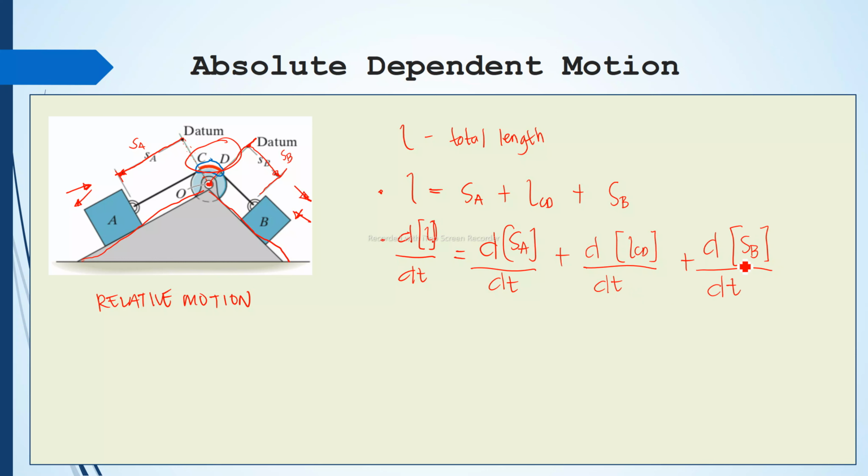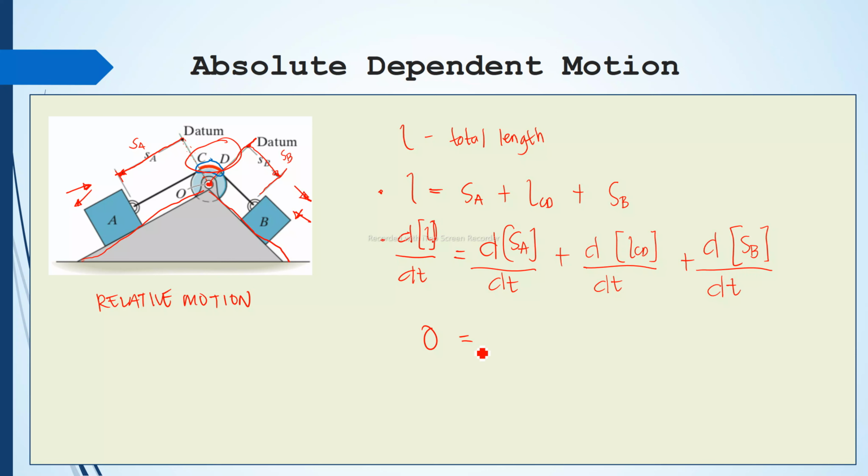Now, what is the derivative of the length of the cord? Along the motion of these two particles, the length of the cord remains constant. Whether A moves up or down the inclined plane, or B moves up or down, the total length of the cord remains constant. And we know that the derivative of a constant is equal to 0.